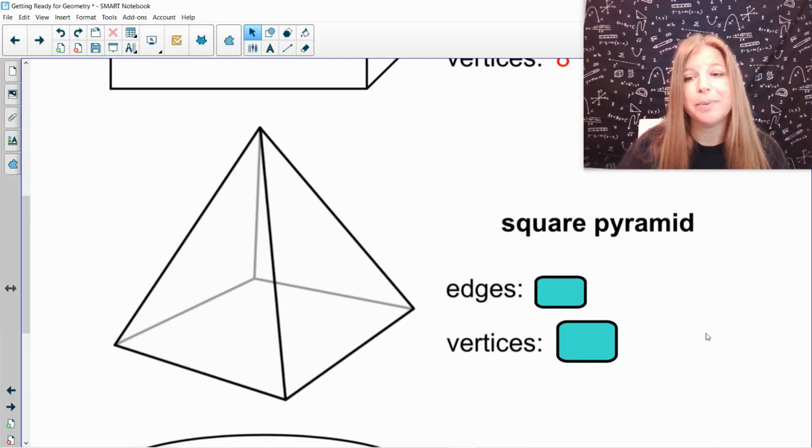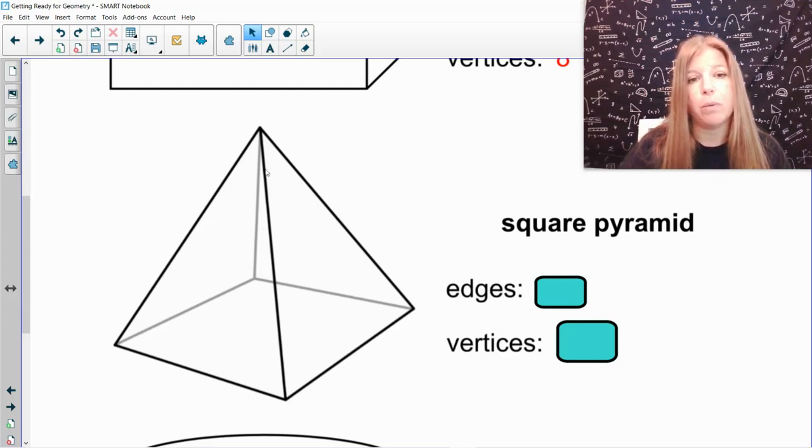In this square pyramid, if I was looking at my edges, I could see that I have a base. It looks like a square base. And so there would be 4 edges, 1, 2, 3, 4. And then I have the edges of each of the triangular faces intersecting with each other plus the base.